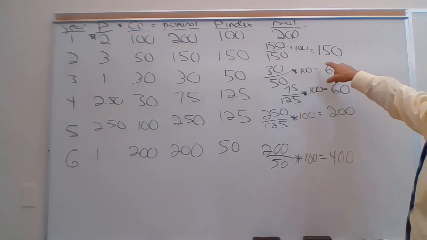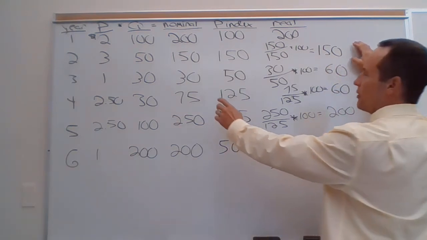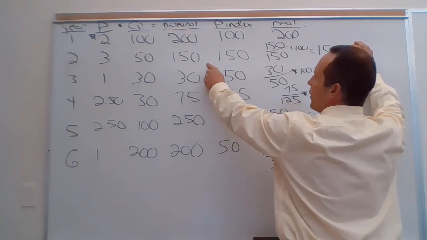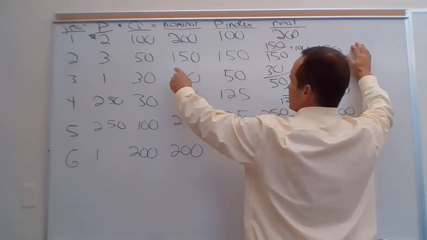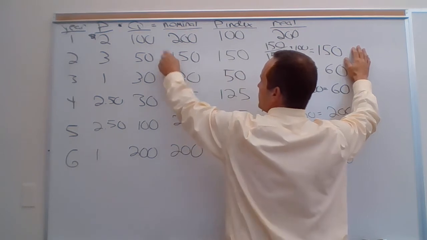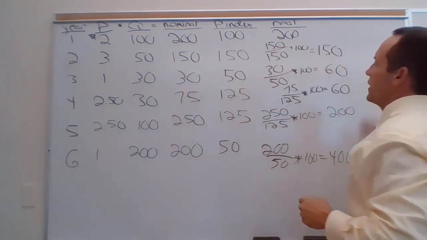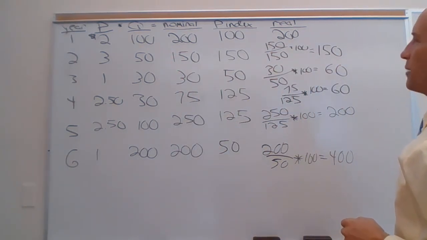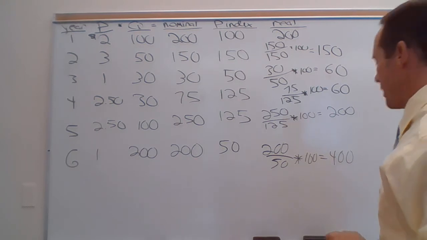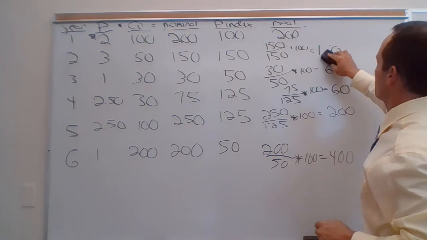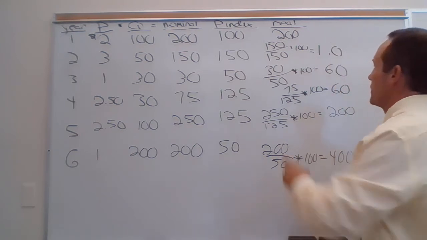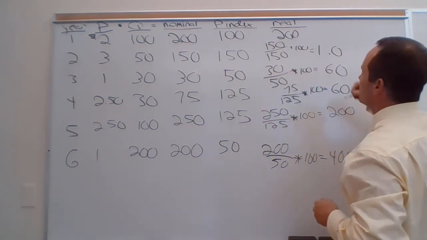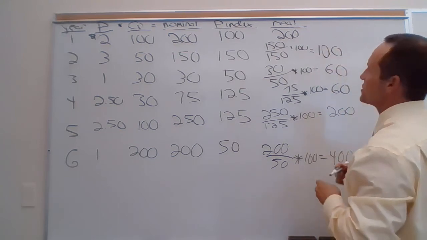Now, if you look at this here, going from year 1 to year 2, they sold half as many apples. And that should be reflected here, yes. Because 150 divided by itself is 1, and 1 times 100 is 100.